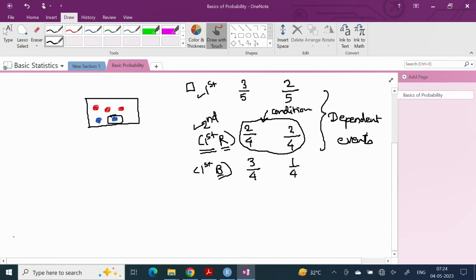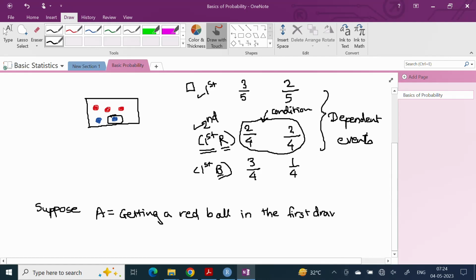Suppose A is the event of getting a red ball in the first draw. So the probability of A we know is 3 by 5.